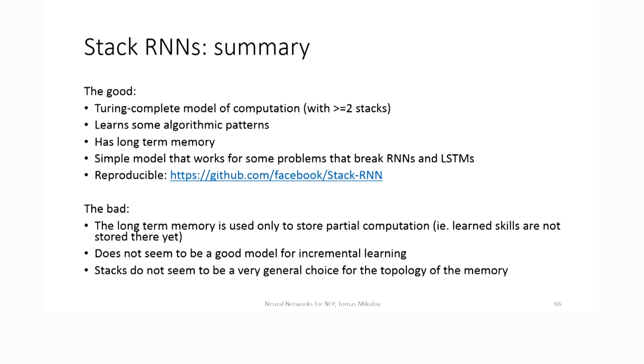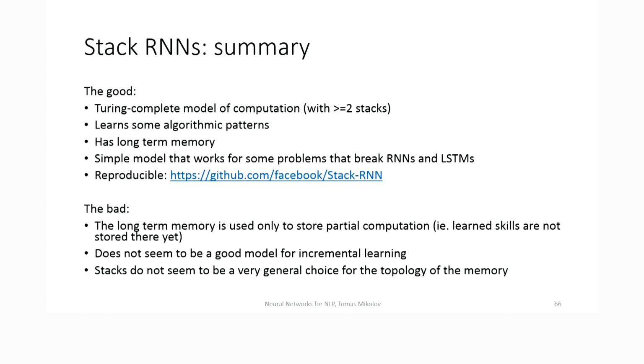So the time complexity of the stack RNN would be increasing with the amount of memory that it does store on the stack, which does not seem to be good, because basically the model would get more and more complicated the more information it knows. It's pretty much the same story as why normal computers are not Turing machines. They are Turing complete, but they are not Turing machines, because the Turing machine is more like an interesting theoretical model, but it's not very practical.